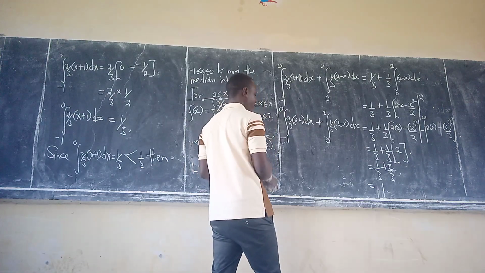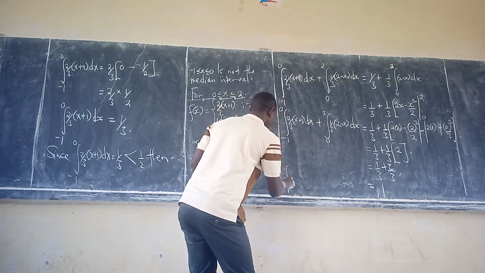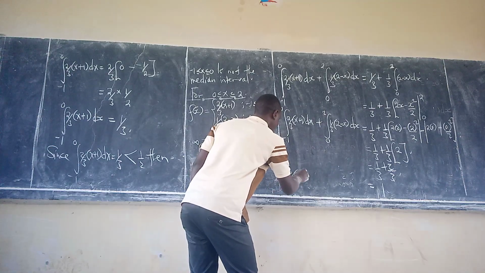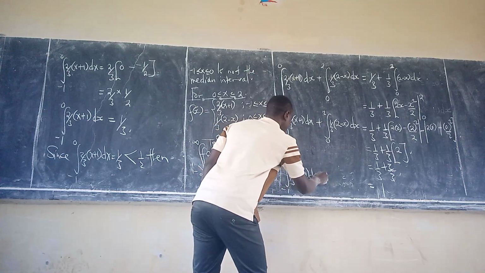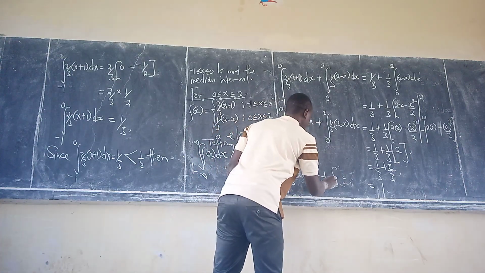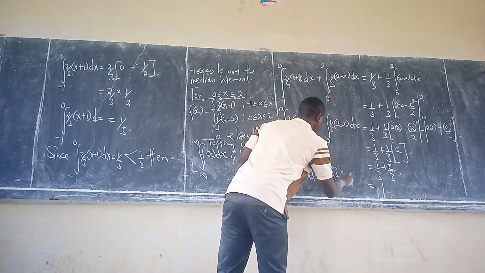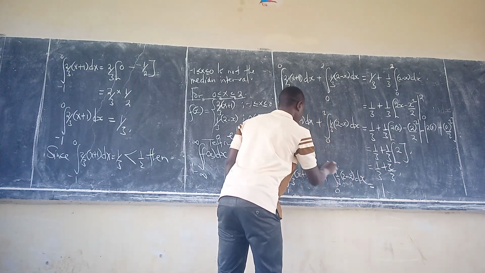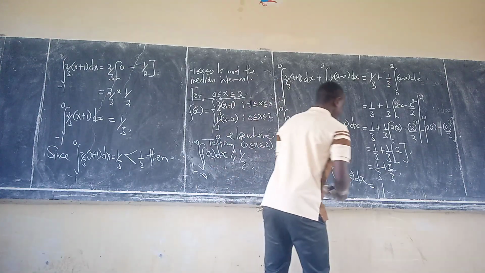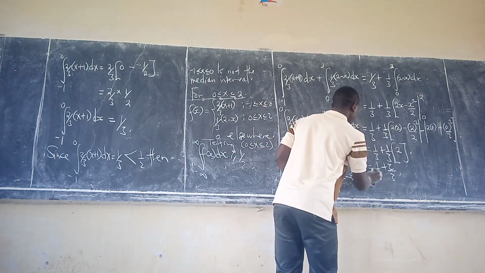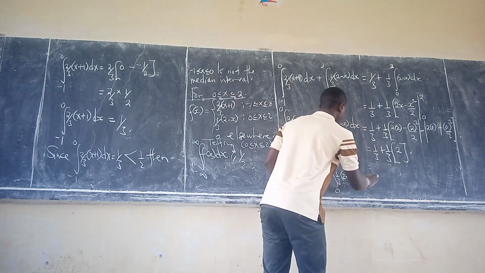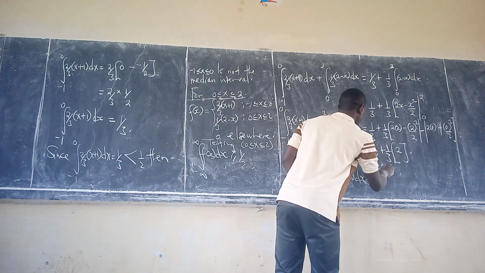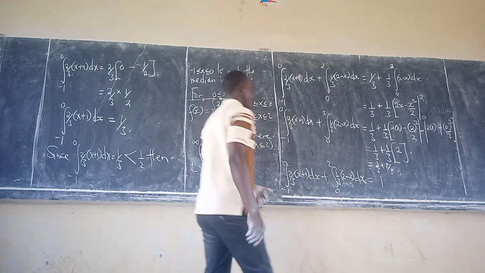Even our final result is the integral of x plus 1 dx plus a third of 2 minus x dx, this is from 0 to 2. And the final answer was 1. So this is a third plus 2 thirds.